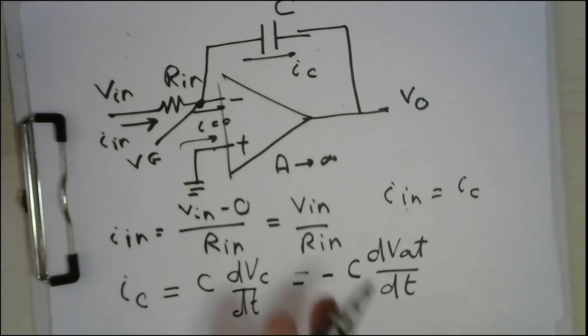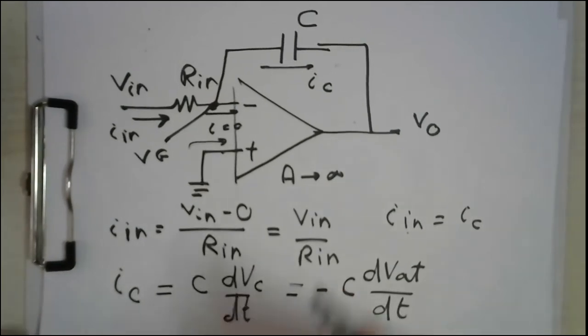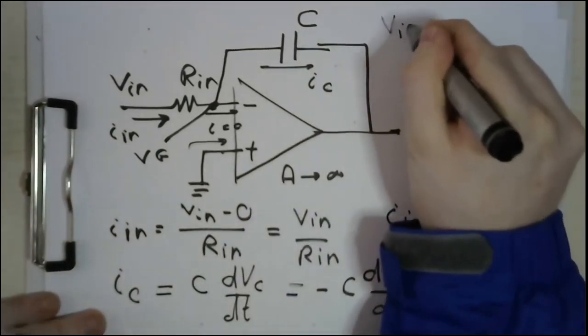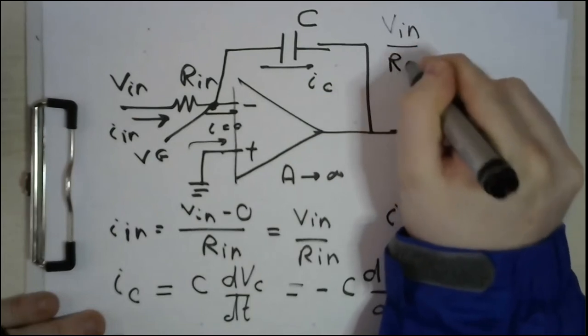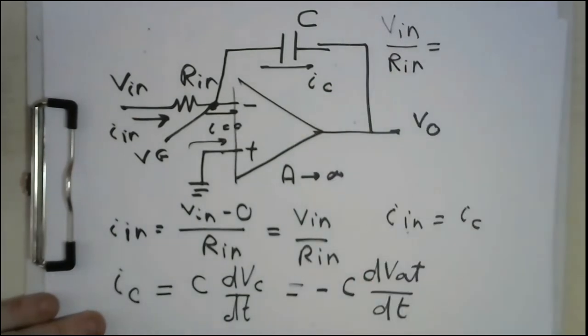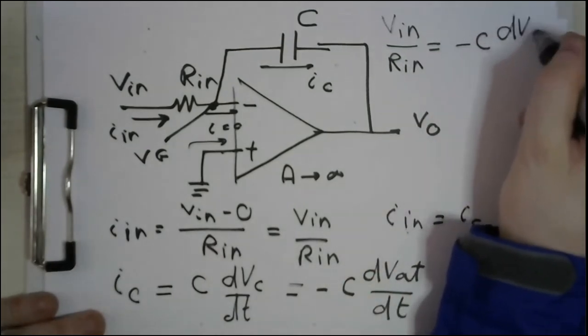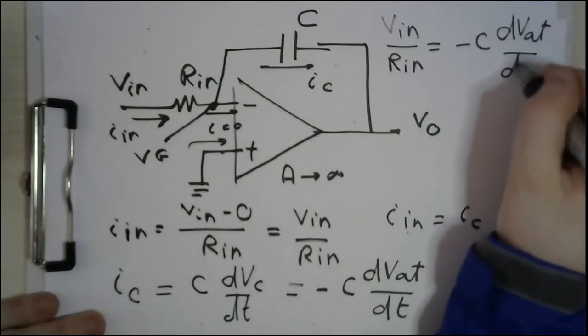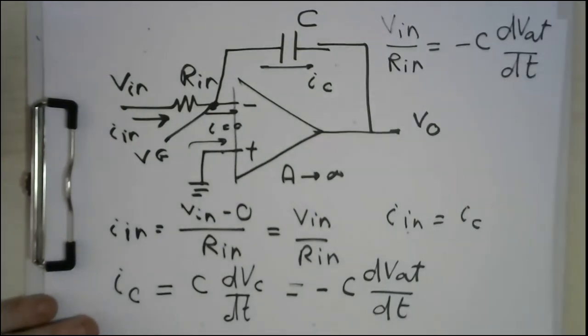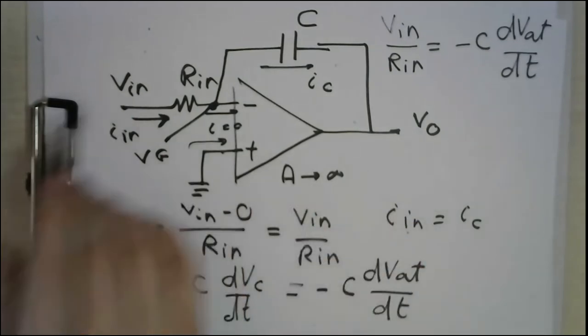Very easy. You can just equalize these two currents together. So V in over Rn equals minus C dV out by dt. What we are seeking is a relation between V out and V in.